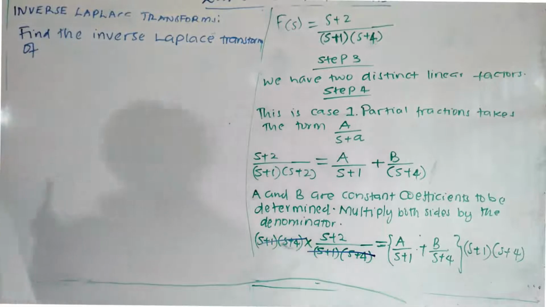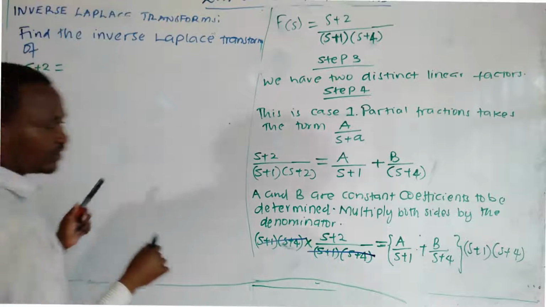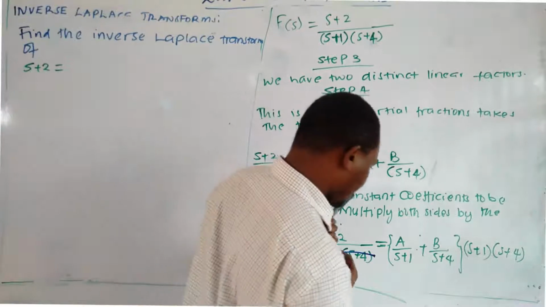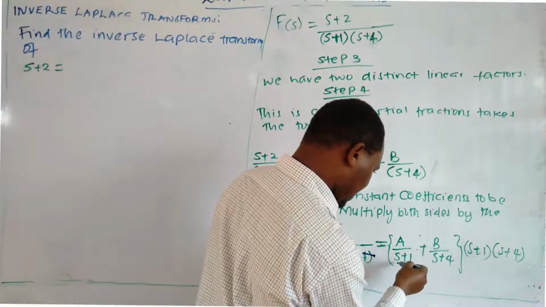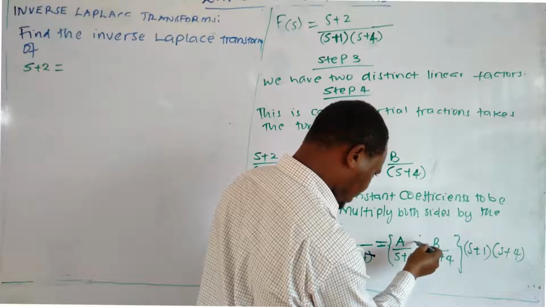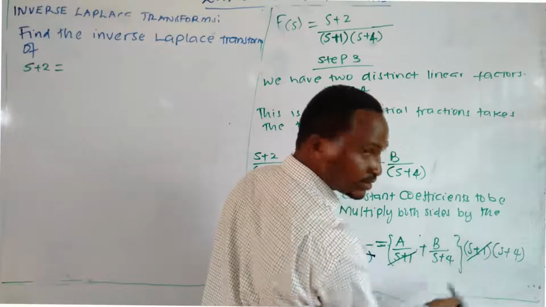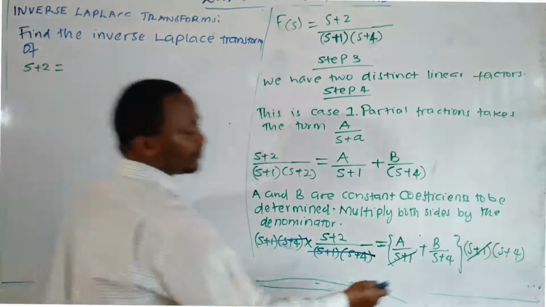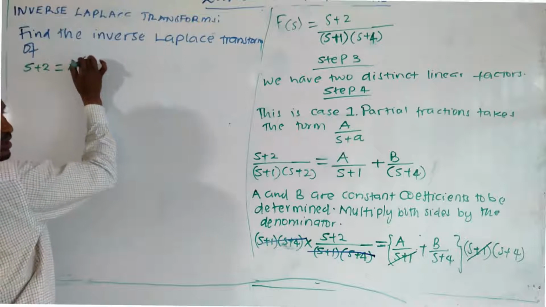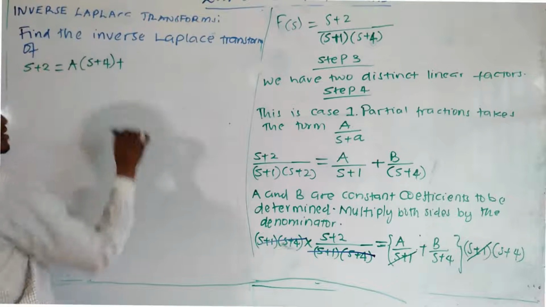So we have S plus 2 is equal to, let us open the bracket. When multiplying this A over S plus 1, you only have A in the bracket, S plus 4, plus this.